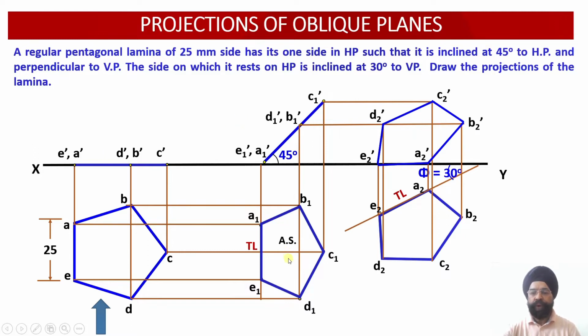Then step number 4, you have got the top view which is the corresponding view. Step number 5, you have got the rotation or the translation of this top view plan which you had obtained previously. And step number 6, it is the corresponding view. So in these 6 steps, we will be able to work out projections of the planes which are inclined to both the horizontal plane as well as the vertical plane.